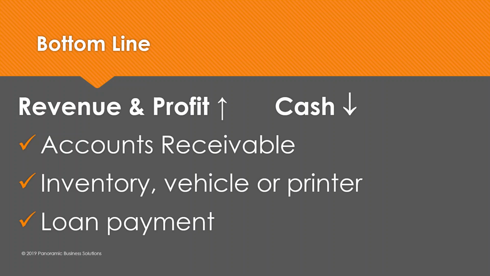And then also check out your loan payments. When you pay your monthly loan payment, there's a portion that's interest expense and another portion that is the actual principal. The interest expense shows up in your profit. It's an actual expense that shows up on the income statement, but the actual principal payment shows up on your balance sheet.